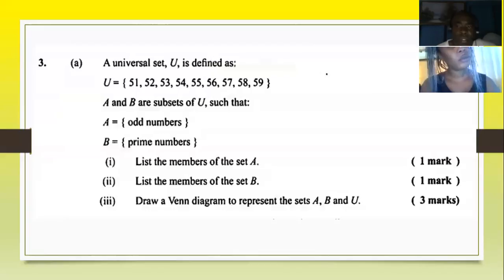The universal set U is defined as 51, 52, 54, 55, 56, 57, 58, 59. Good. A and B are subsets of U. Stop right there. Give me a keyword that you must pay attention to so far.